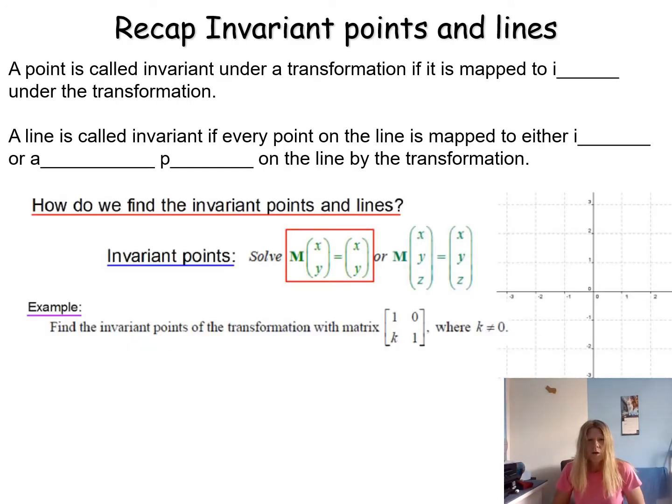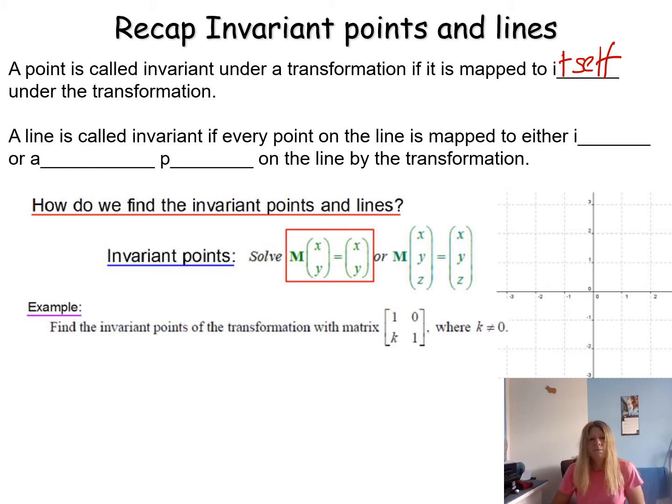So then, we're going to recap a bit of points and lines, stuff you did last year. I think with Carrie-Anne, see how much you enjoyed these. So a point is called invariant under a transformation if it maps to, you remember, itself under a transformation.